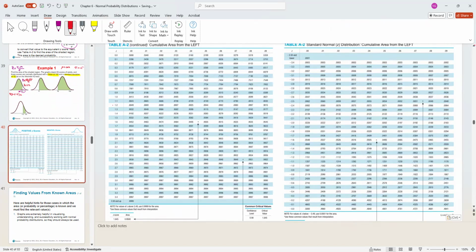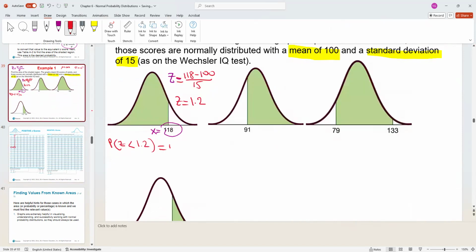We take the intersection of these two, which is 0.8849. So 0.8849 is the probability we're looking for.